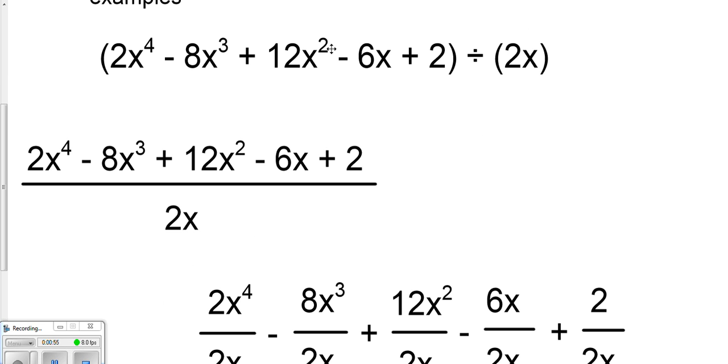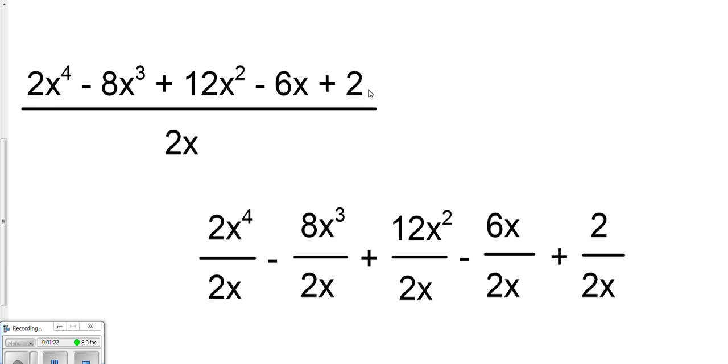We will put the dividend on top as a numerator, and we'll put the divisor on bottom as the denominator. So all of this divided by this one. Again, notice this is a 5-term polynomial divided by a 1-term polynomial, or a monomial.